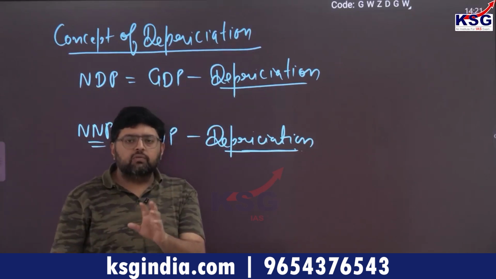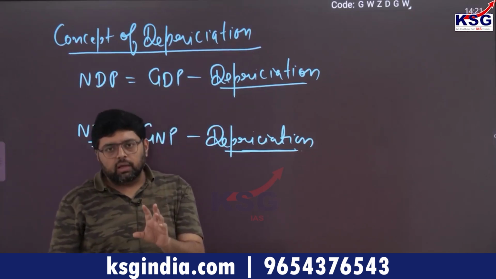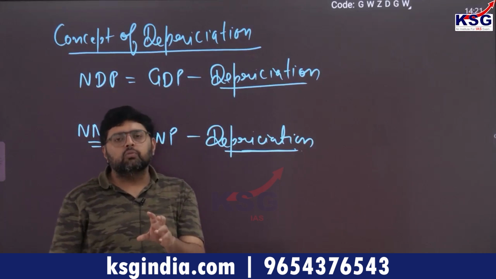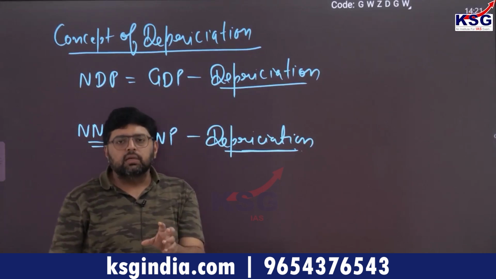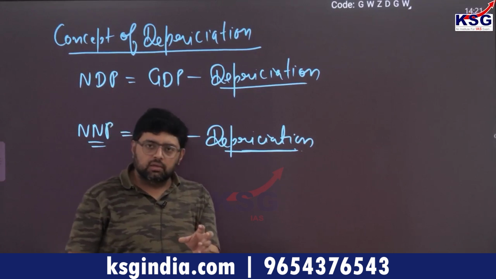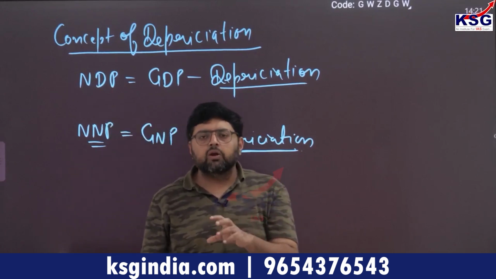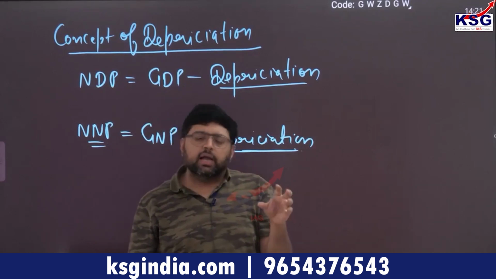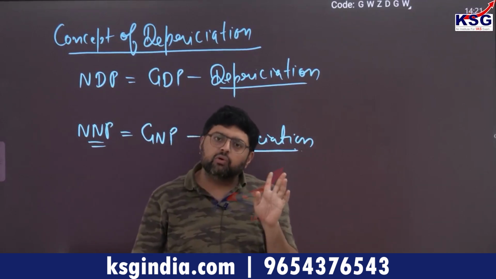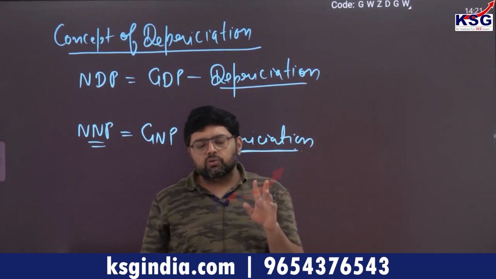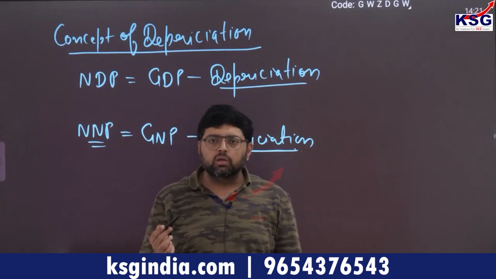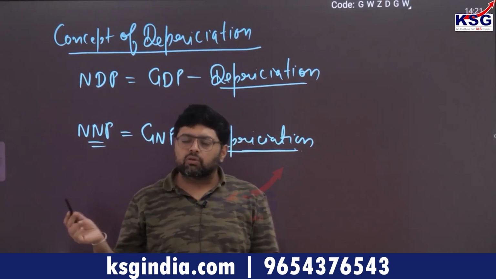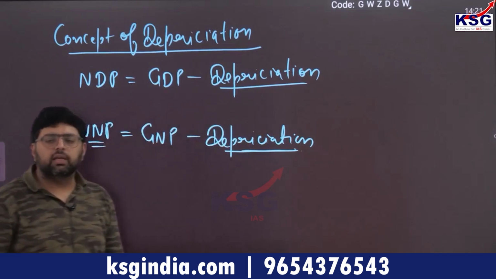So we convert it into monetary value. Now you know why we convert it into monetary value: all the items have to be brought into the same unit, and the best unit is monetary value only. Clear? That is why I told you that you can count some items, but some items you cannot count, like liter, kg and all those things. So it's better to convert everything into monetary value.